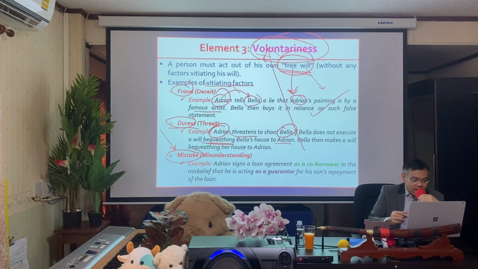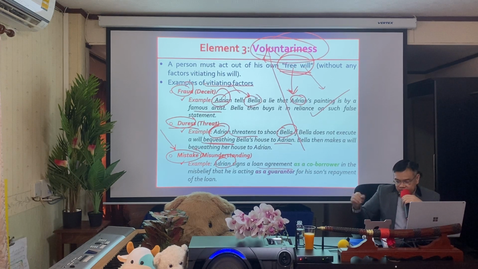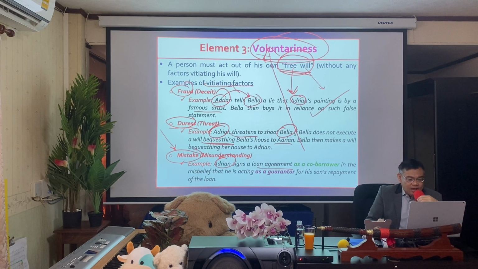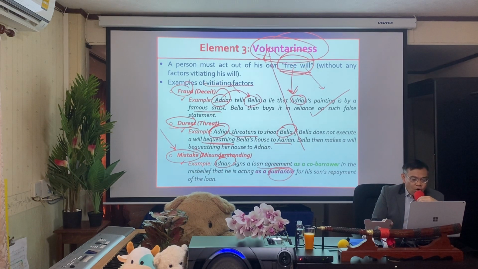Let's suppose that again, Adrian signs a loan agreement. When he signed the document, he believed that he was signing a guarantee. He believed that he was the guarantor for his son's debt.